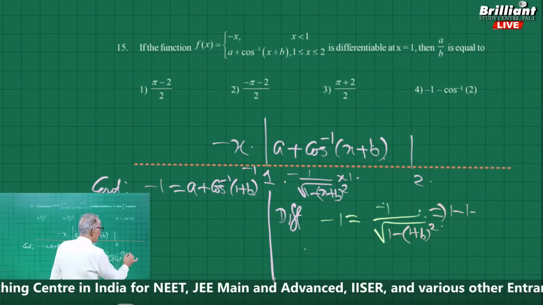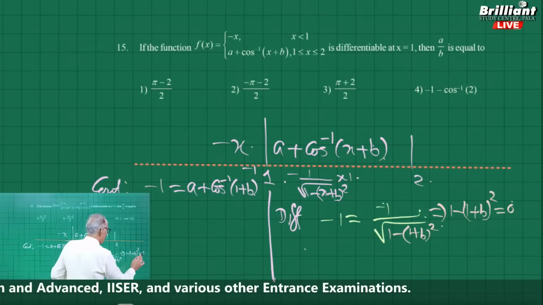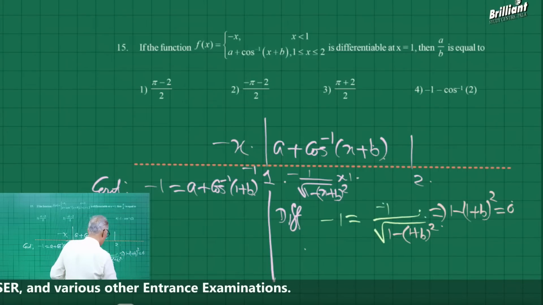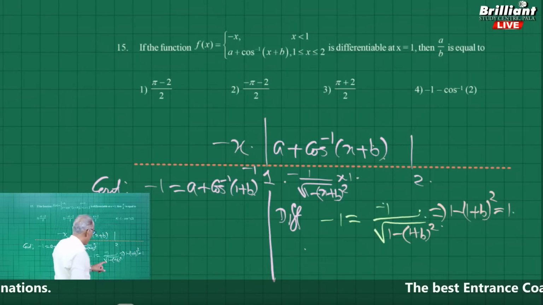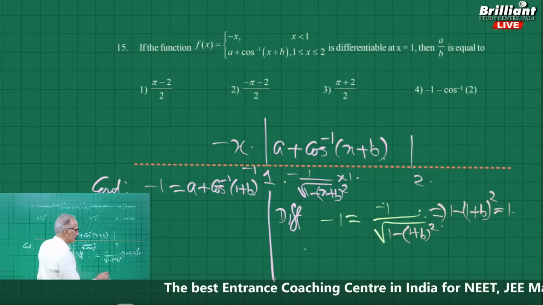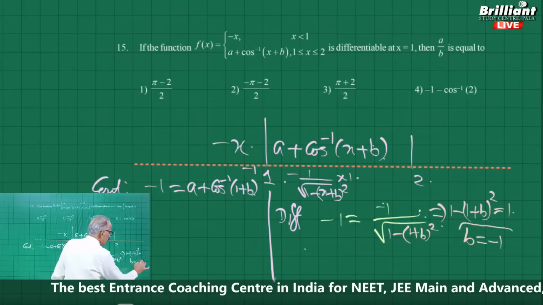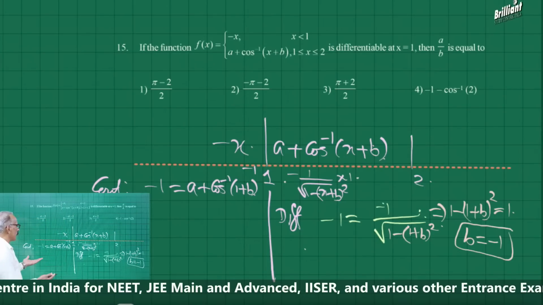You get 1 minus 1 plus b the whole square equal to 1. Isn't it? Minus minus cancel, we cross multiplied, then we squared. All right. Therefore, your b is equal to minus 1. I got b is equal to minus 1. You can substitute over here.